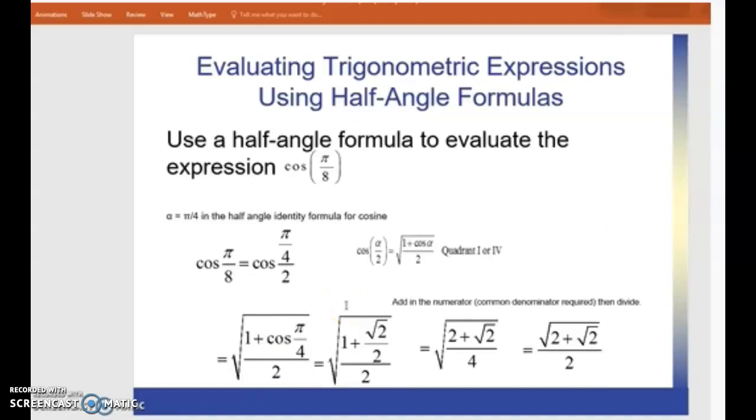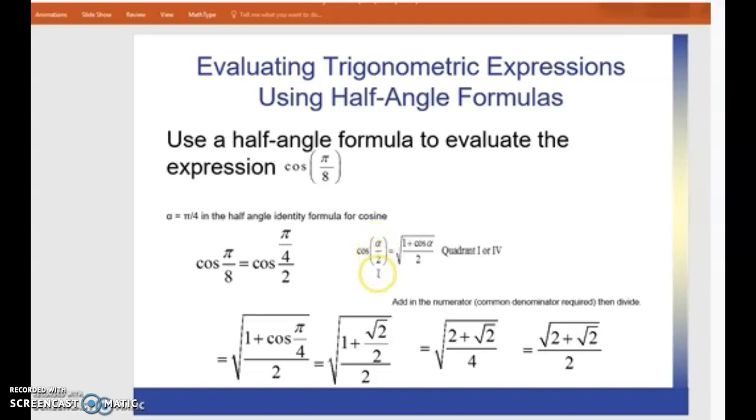Now, looking at an example of using the half angle formula to evaluate an expression. The expression is the cosine of pi by 8. Notice with the half angle formula, please pay close attention because this is an easy place to make an error or a little hiccup that will mess up your problem.